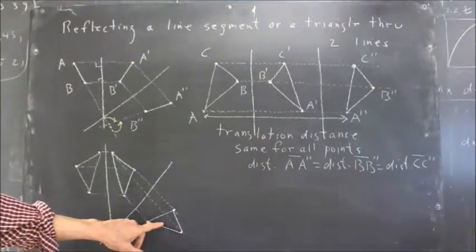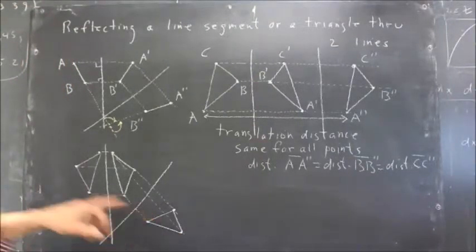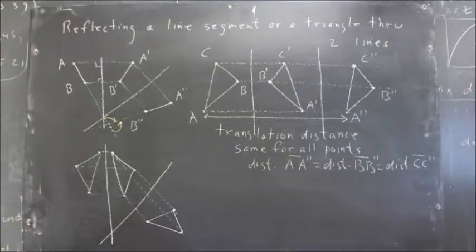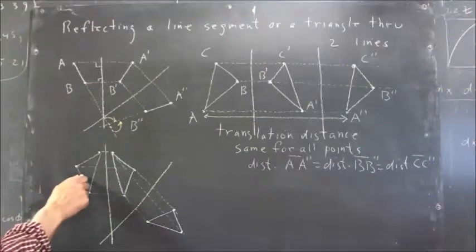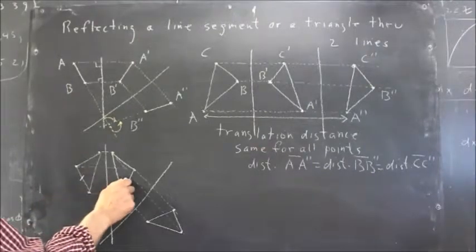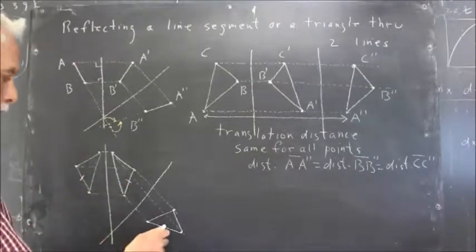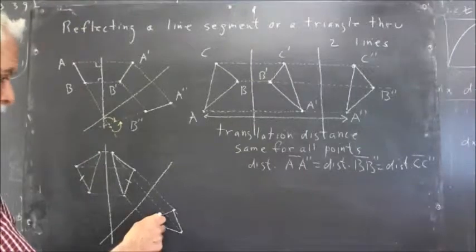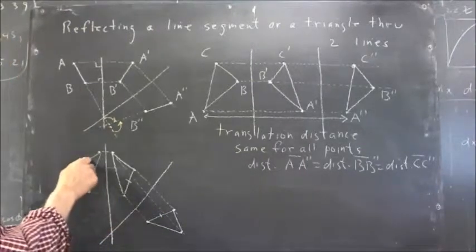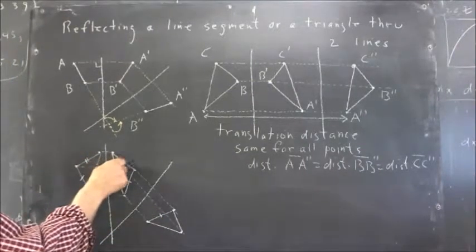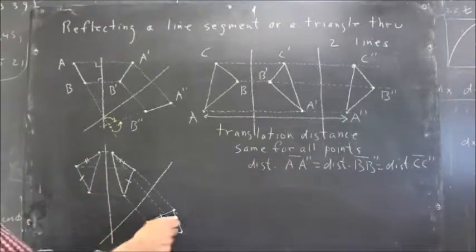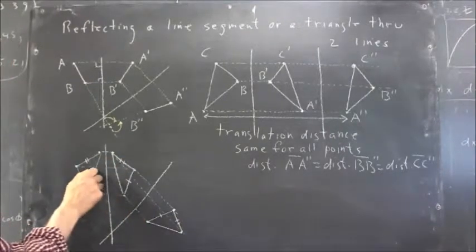So that our reflected triangle is again geometrically similar. That could be proved, but the triangle has been rotated. This side has gone to this side, has gone to this side. This side has reflected to this side, which is reflected to this side.